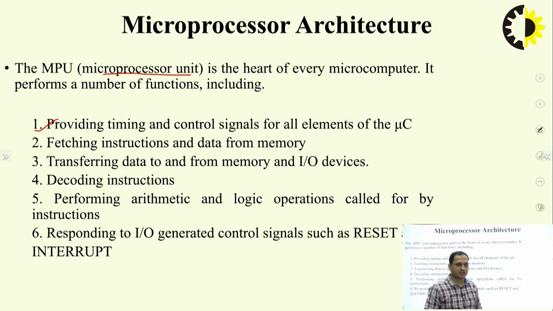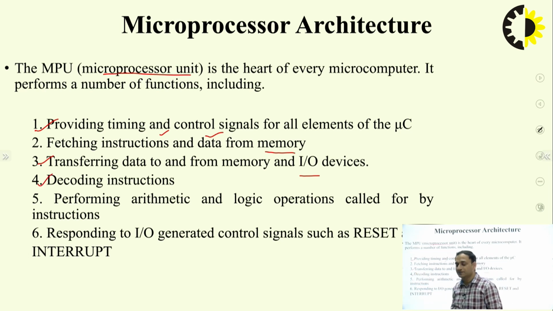Second step is fetching instructions or data from the memory. As we discussed previously, memory comprises two parts. First are the instructions and the data, so they can be fetched from the memory. Then transferring data to and from memory and IO devices. Then decoding the instructions.